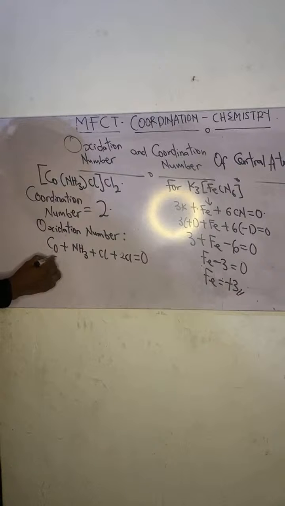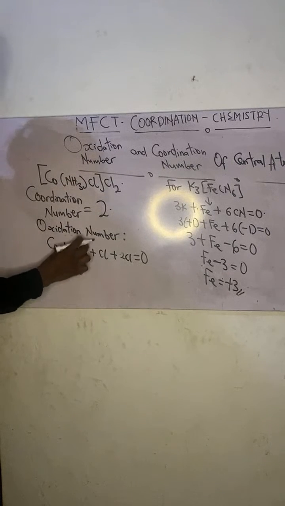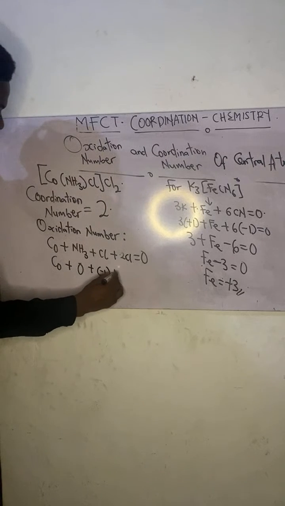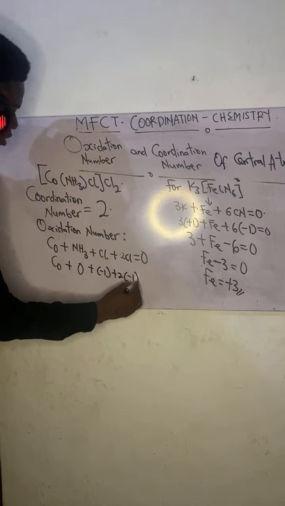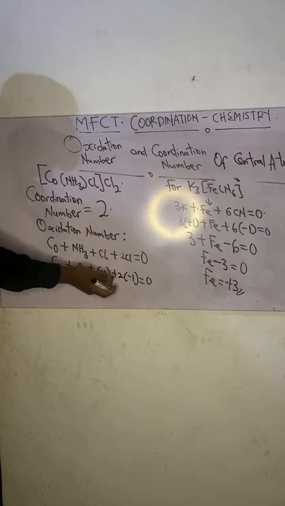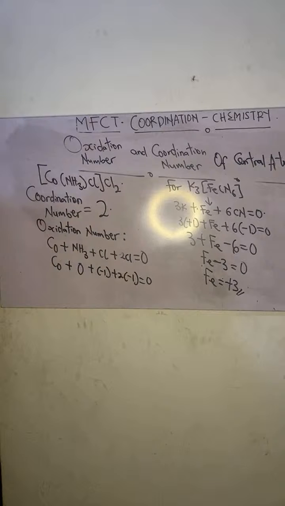So this will now be Co plus 0, the oxidation number of NH3, plus minus 1 plus 2 times minus 1, equals 0. And if you check this, minus 1 minus 2 will give us minus 3.